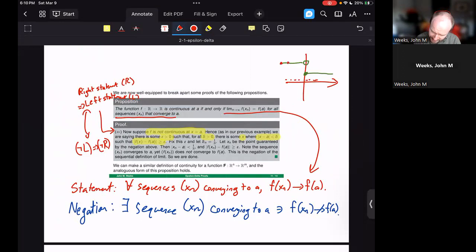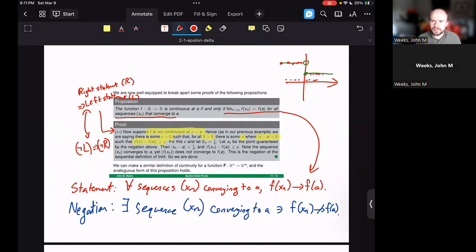For example, you might have picked a sequence of values that just approach from the left-hand side. But you note here that we do have to be careful because there are some sequences that do converge to the y value as the x values converge to a. So we have to be a little bit careful in that definition.